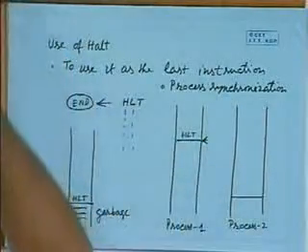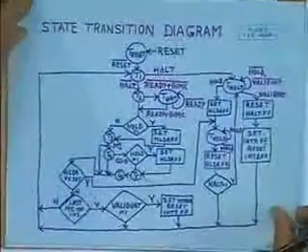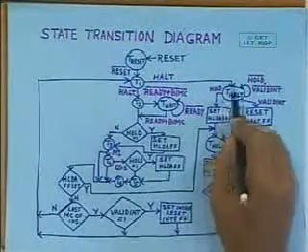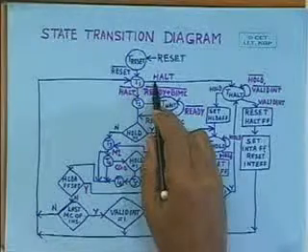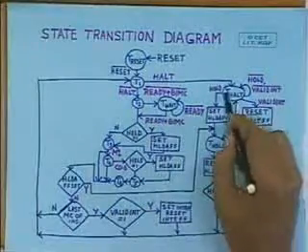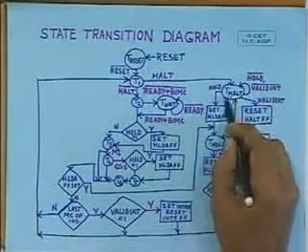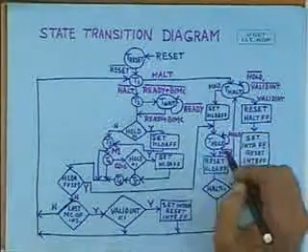As you can see here, you can go back to the state transition diagram. Whenever the microprocessor goes to the halt state because of the execution of the halt instruction, it remains in that state. However, it comes out of the halt state whenever there is a DMA request, that is the hold.